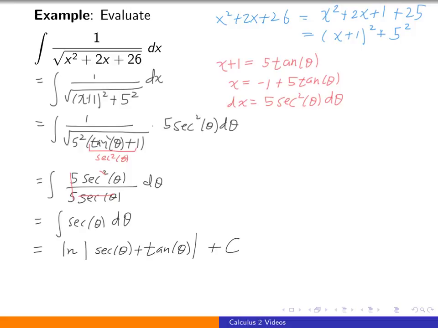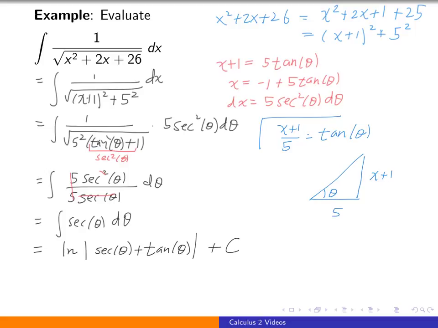So lastly, we need to draw an associated right triangle to get back in terms of that original variable. So looking at our substitution, we have x plus 1 over 5 is equal to tangent of theta, and we have an associated right triangle. So theta, x plus 1, 5.